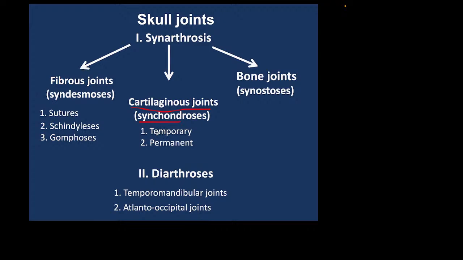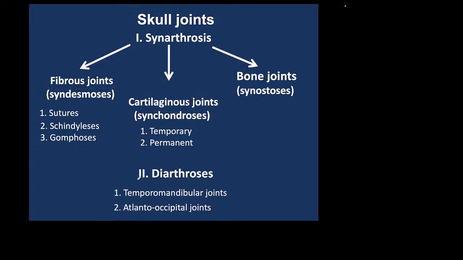They may be temporary, and it means that they transform into ossification in the bones, but permanent means we find such cartilages all the time during the whole human life. And bone joints: usually all of the previous fibrous and cartilage joints come to bone joints, and this process we call ossification. These are the ossified bones.